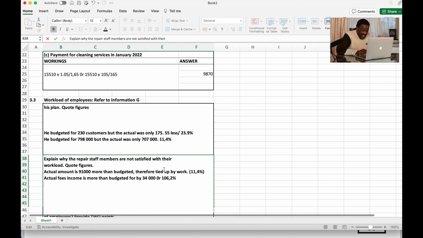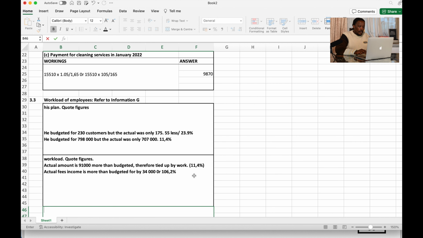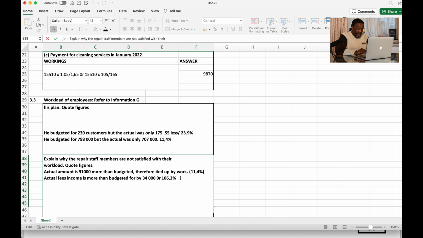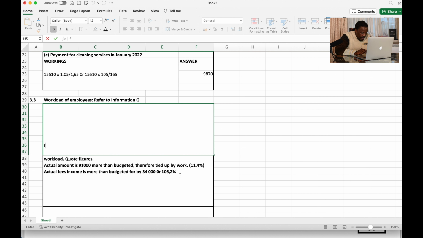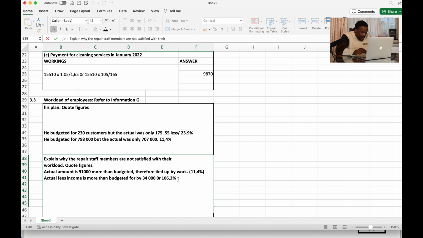They are complaining, oh, but he doesn't increase the salary. Look at the workload. They are complaining. They have a right to complain. I think I agree with them.